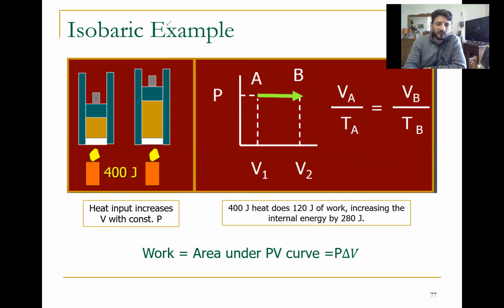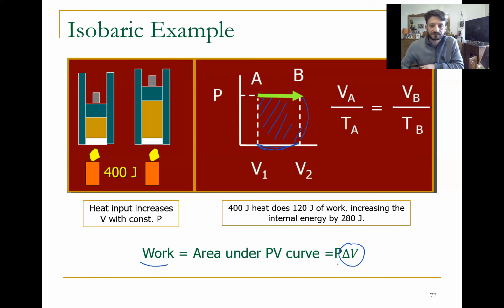Okay. So here, the work is the area under the curve, which is equal to V2 minus V1 times P. We can say equals P times delta V, simply. Okay?